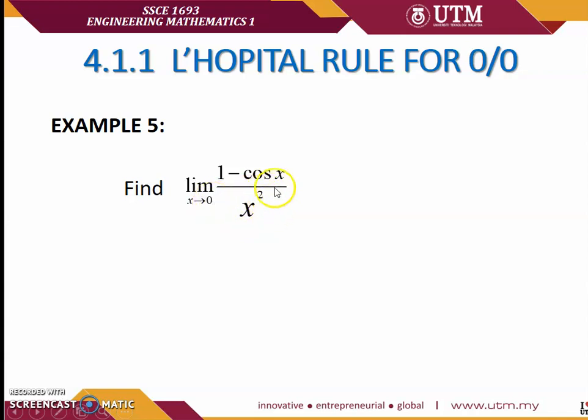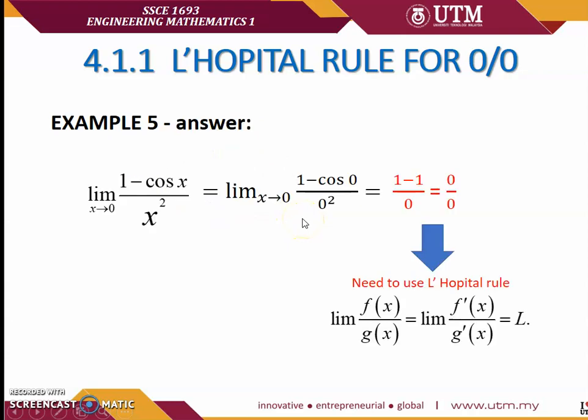If we substitute 0 and use a calculator, 1 minus cos 0 is 0 for f(x), and 0 squared is also 0 for g(x). So we obtain 0 over 0, and in this case we need to implement L'Hopital's rule.